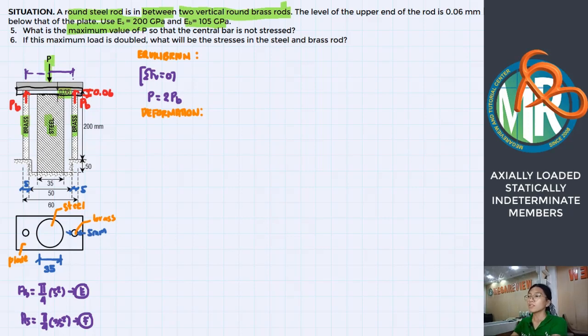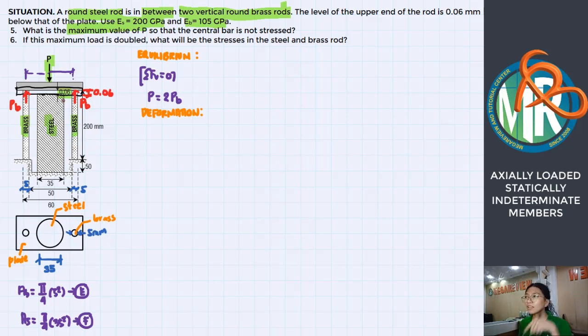So, in this case, the plate just touches the top of your steel bar. Although it is touching, just touching means the steel rod still has no reaction. That is the critical positioning.